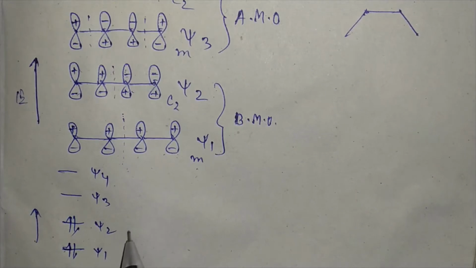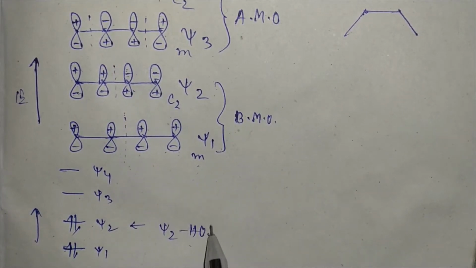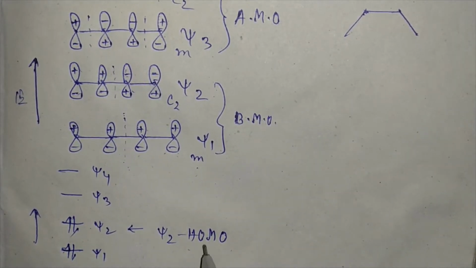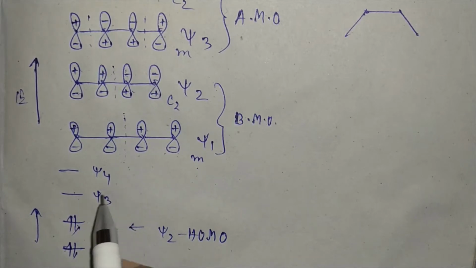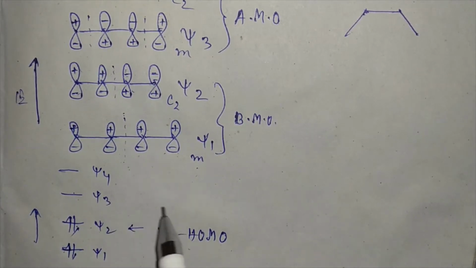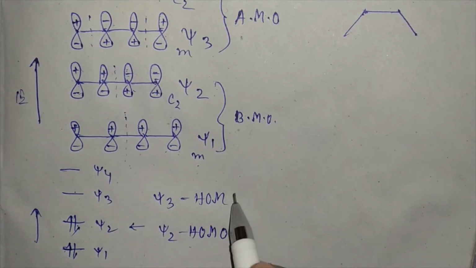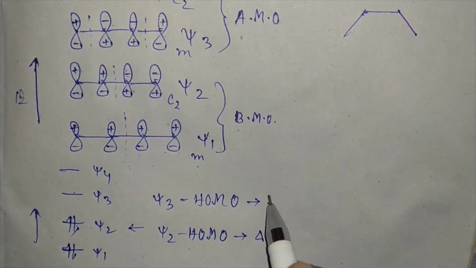So we can see here that psi 2 is HOMO. Now in photochemical condition 1 pi electron will go to psi 3, and then psi 3 will be HOMO. So psi 2 will be HOMO in thermal condition and psi 3 will be HOMO in photochemical condition.